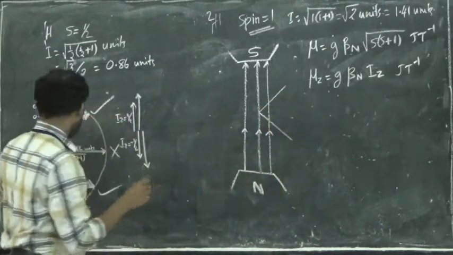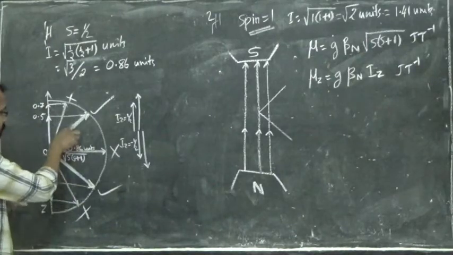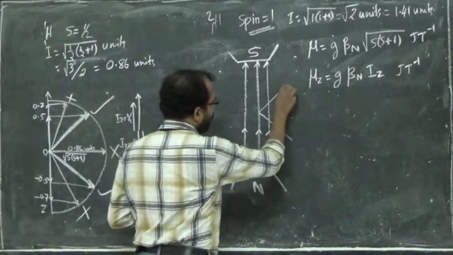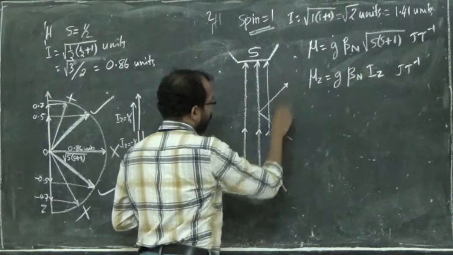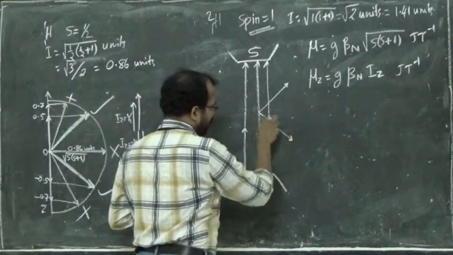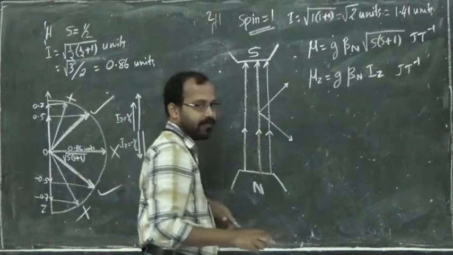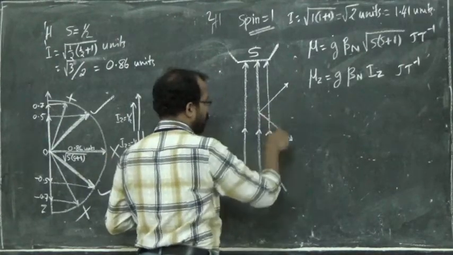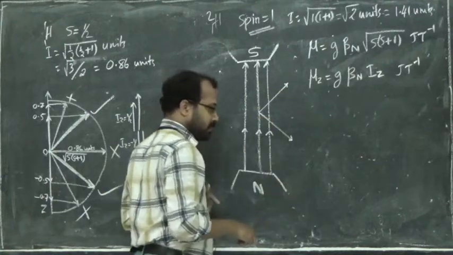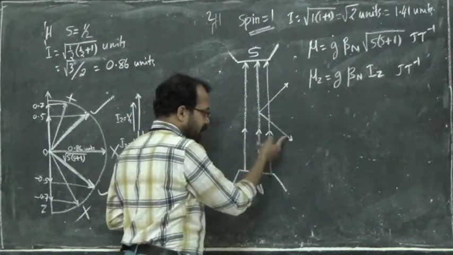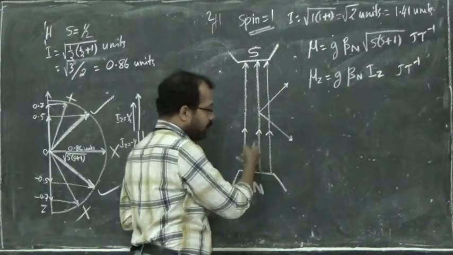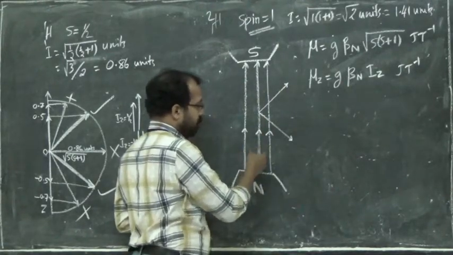See, only two directions are possible. One is this one and one is this one, okay. The magnitude of this angular momentum vector is 0.86 unit. Both of them have the same magnitude, and its component in the reference direction will have magnitude 0.5.